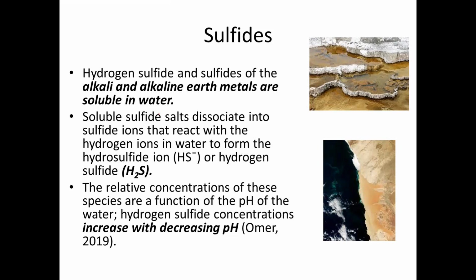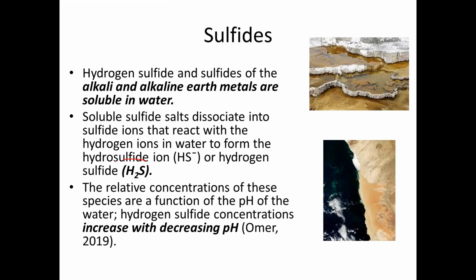The relative concentrations of these species are a function of the pH of the water. Hydrosulfide concentrations increase with decreasing pH. When we have decreased pH, we can now have corrosion in our system. So our sulfides can really cause corrosion.